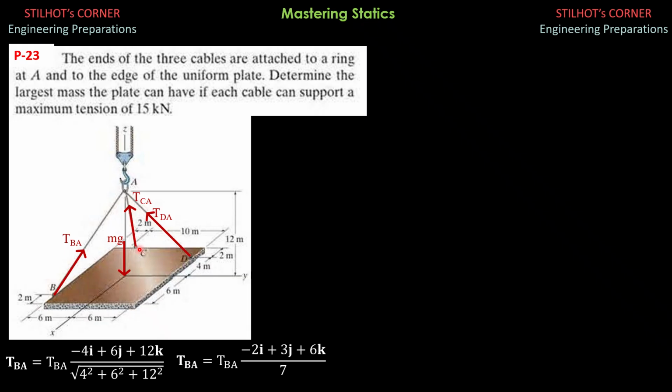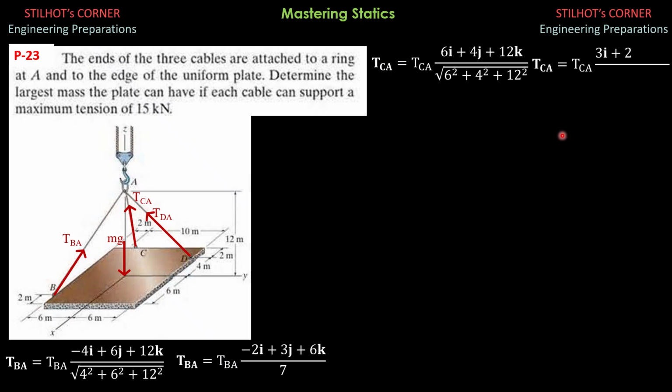So positive 6i plus 4j plus 12k. So tension CA, positive 6i plus 4j plus 12k over square root of 6 squared plus 4 squared plus 12 squared, and that is, after simplification, magnitude of tension CA times 3i plus 2j plus 6k over 7.